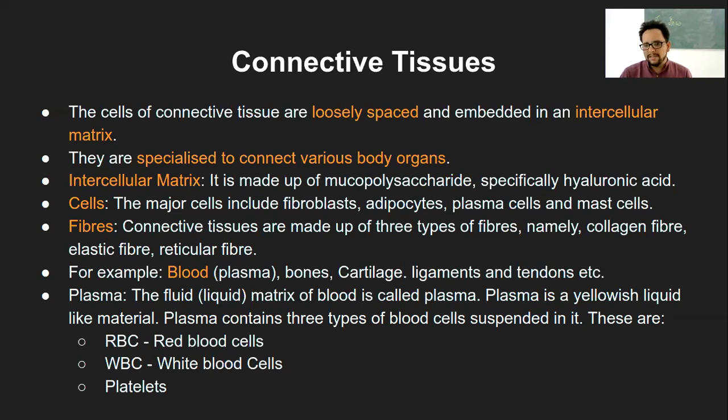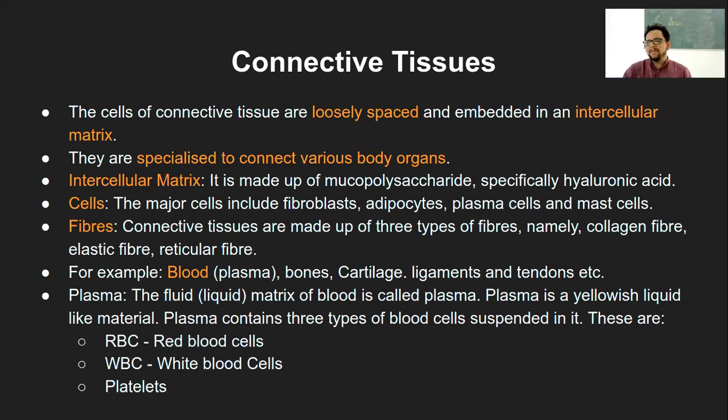So there are cells and then there are fibers. Cells are of different types. Mast cells I deliberately did not speak of, because mast cells are the ones which release histamine in your body. I hope you are aware of the inflammatory response, whenever there is, let's say, an insect bite or even an ant bite, that causes swelling at the biting point, right?